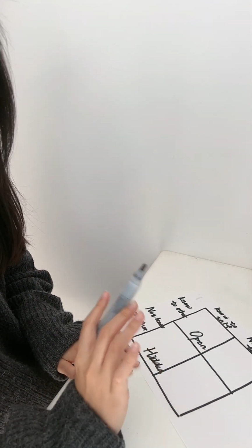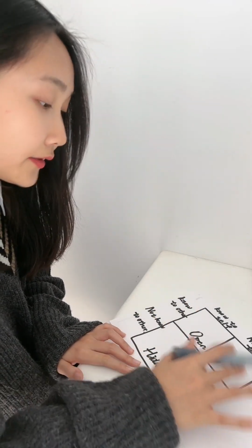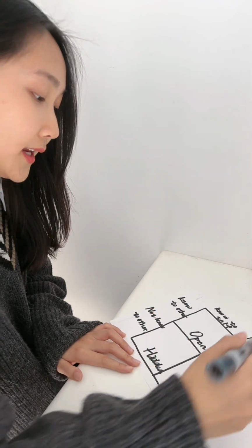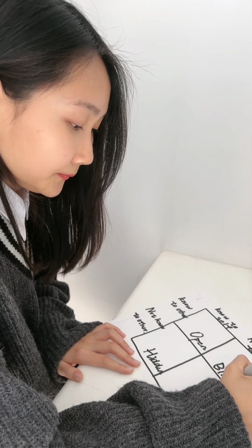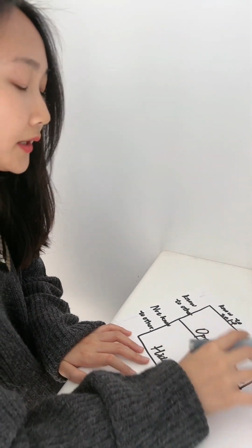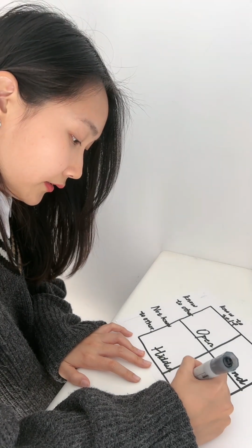And the third one, not known to self but known to others, is the blind area. And the last one, not known to self and not known to others, is simply the unknown area.